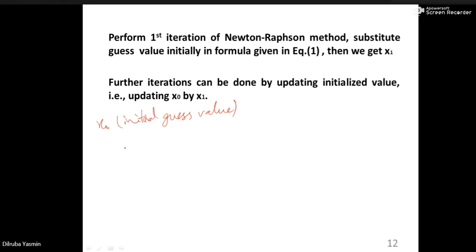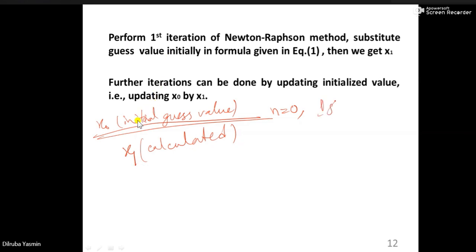By using this initial guess value, you will get the x on value. This is a calculated value, isn't it? When you consider n equal to 0, you will get the x1 value after doing the first iteration. If someone asks you to do the second iteration, here you have to consider n equal to 1.